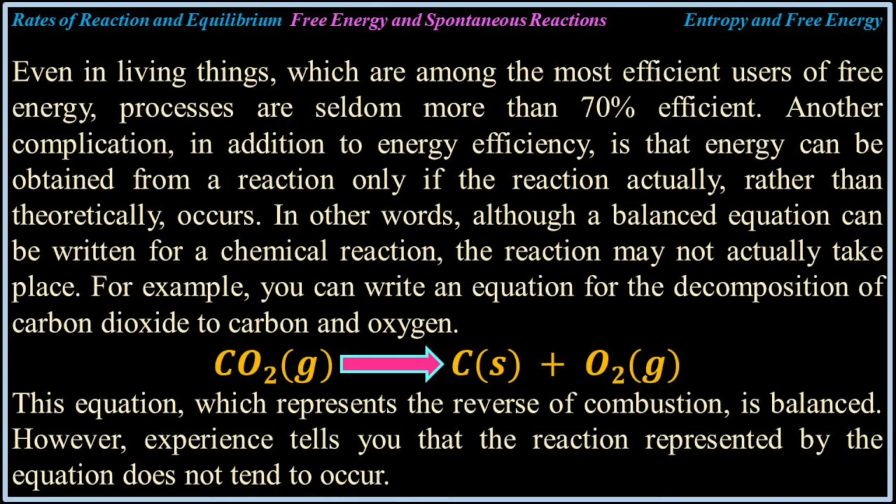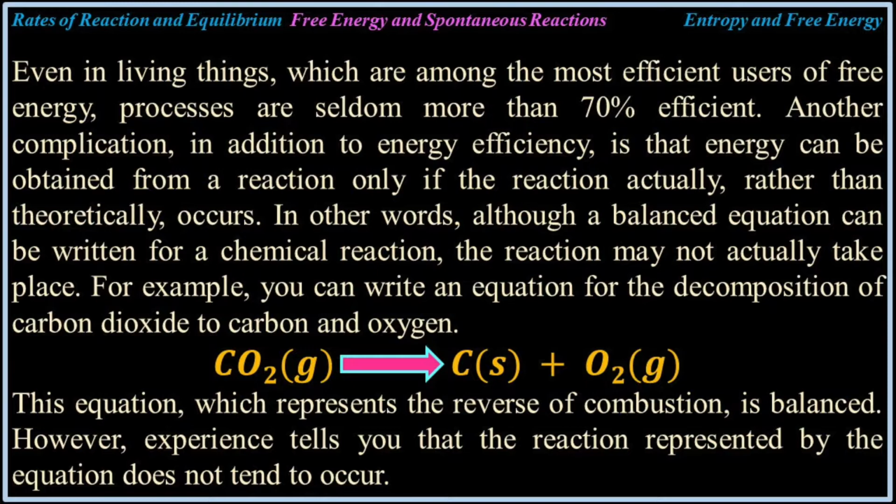Another complication, in addition to energy efficiency, is that energy can be obtained from a reaction only if the reaction actually, rather than theoretically, occurs. In other words, although a balanced equation can be written for a chemical reaction, the reaction may not actually take place.